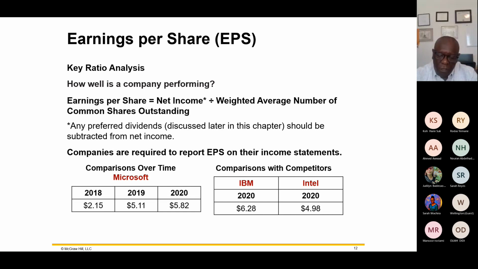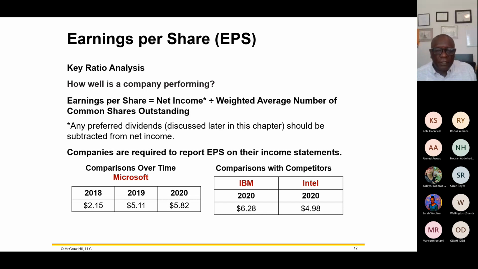If I give you a question saying gross income is this, income before interest and tax is this, and net income is this, you don't pick gross income. You pick the net income because that is the appropriate number to use.